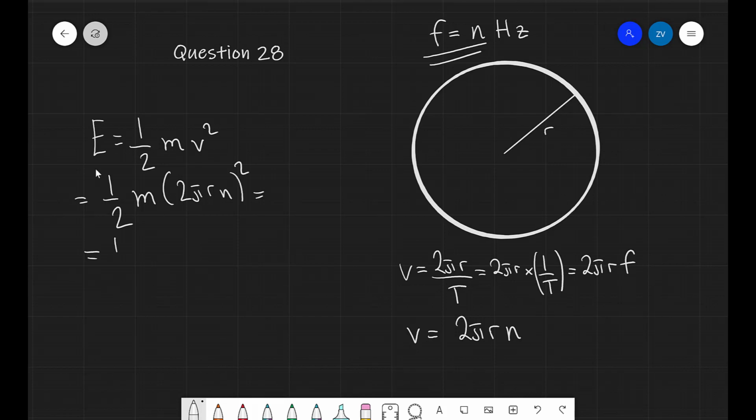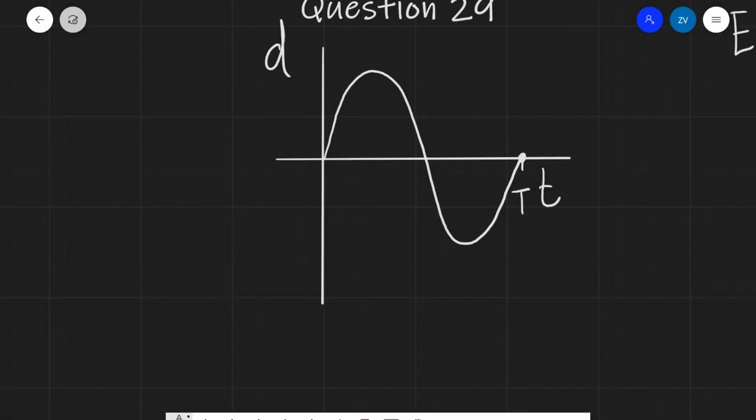So that's going to be a half m times 4 pi squared r squared n squared. Let's cancel out those guys, and what we're left with is 2m pi squared r squared n squared, and the correct answer being C.